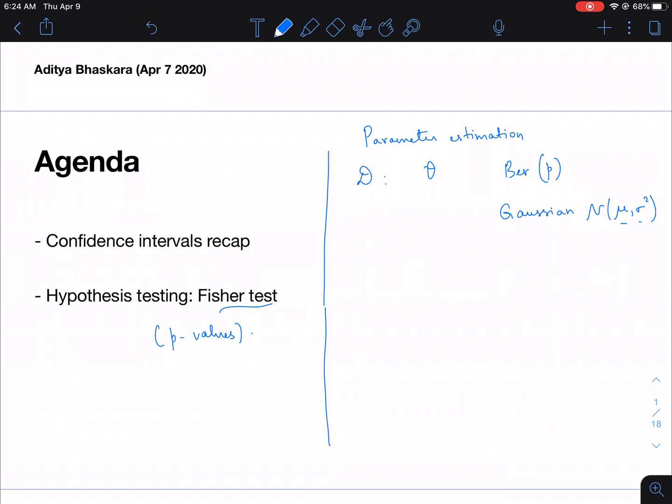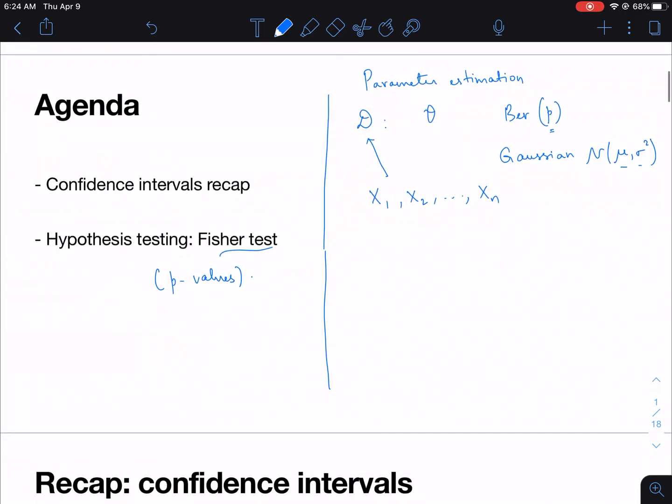And the idea in parameter estimation is that you are given x1, x2 up to xn that were all samples from this distribution D, and you are supposed to estimate the parameters of this distribution. So that's this question of parameter estimation, right? And we came up with this notion of estimators, right?